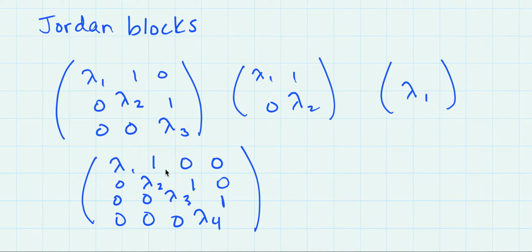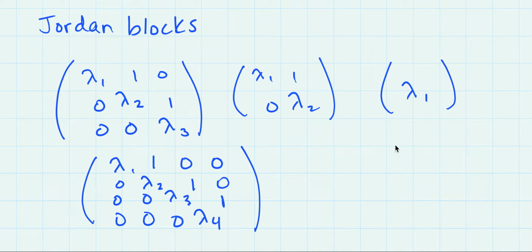You can call it the upper off diagonal, because there could be a lower off diagonal as well. So here, this is a 1 by 1 Jordan block, which is just an eigenvalue. And this is a 2 by 2 Jordan block, a 3 by 3 Jordan block, and a 4 by 4 Jordan block.